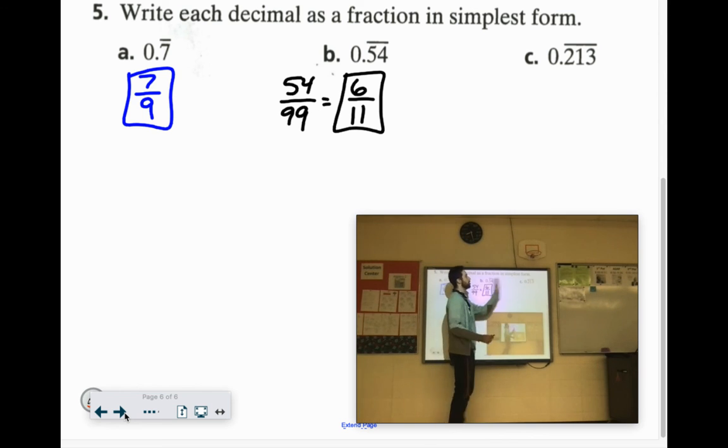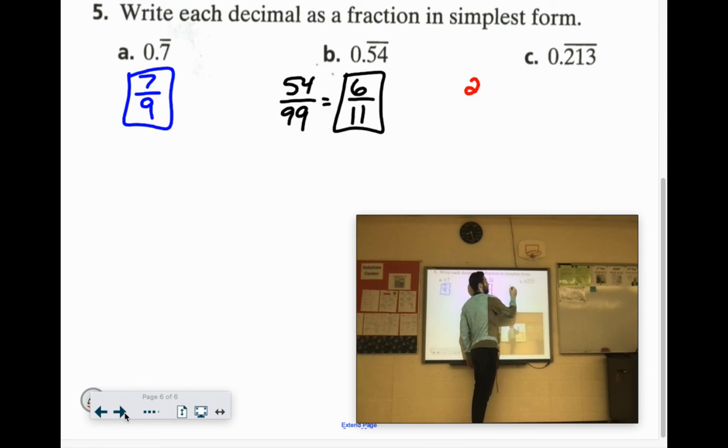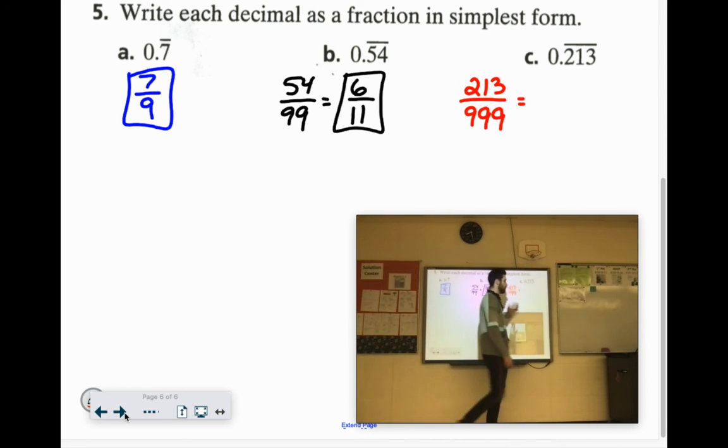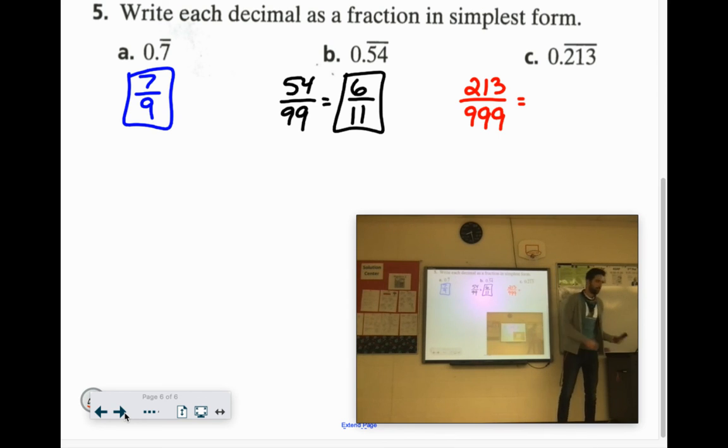This one has 3 digits that repeat, so we're going to put it over 999. 1 plus 2 is 3, plus 3 is 6. 3 goes into 6. So I know that these are both divisible by 3. Just for time's sake, well, 21 is 7, 3 is 1. So 999 divided by 3 would be 333.